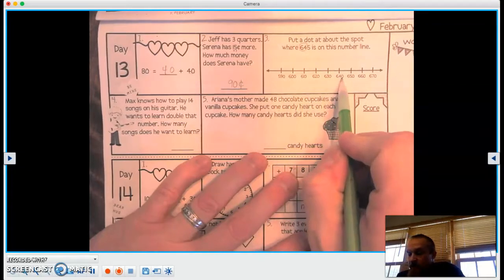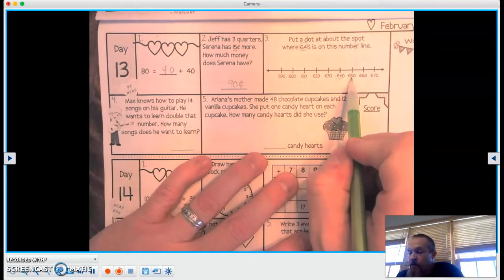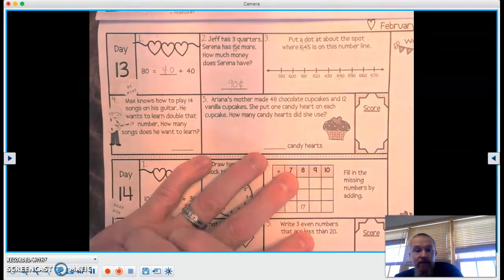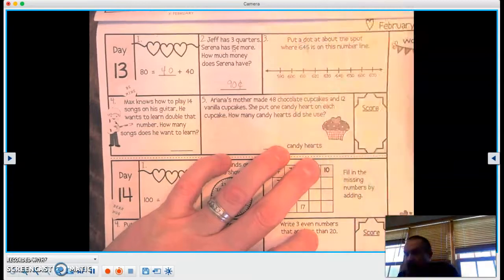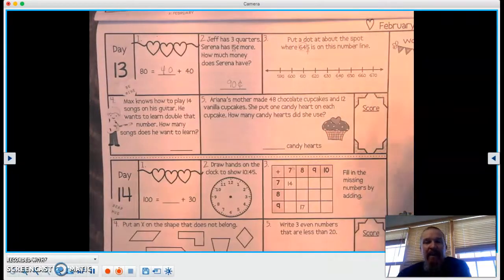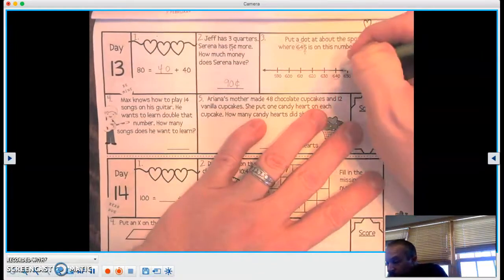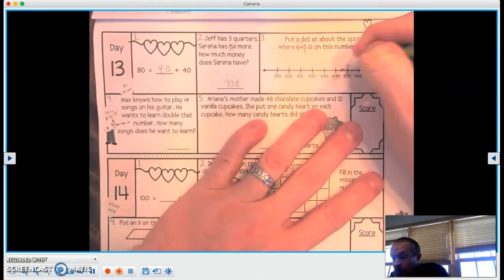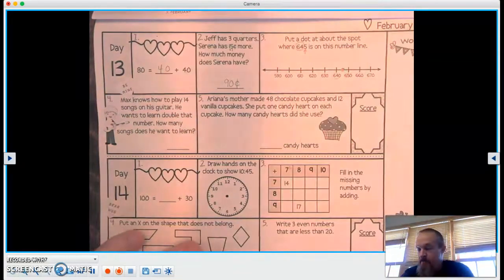There's 64, right? So it's going to be between 640 and 650. Now we look at this, the ones digit, and that tells us we are exactly halfway between 640 and 650. So our dot is going to be right there. Okay, that is 645. Very nice.